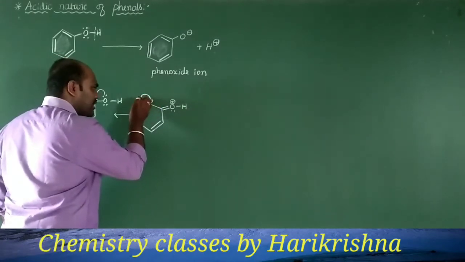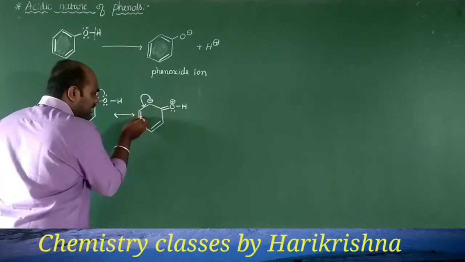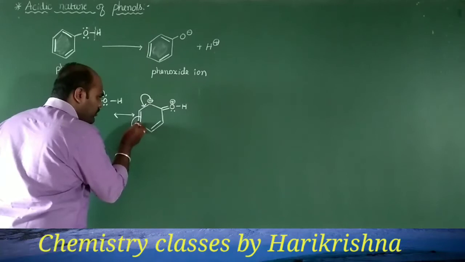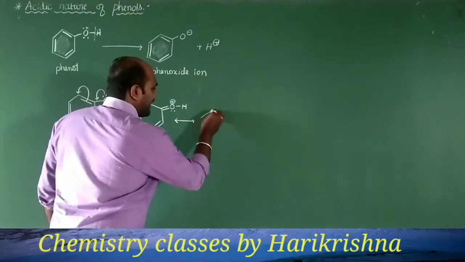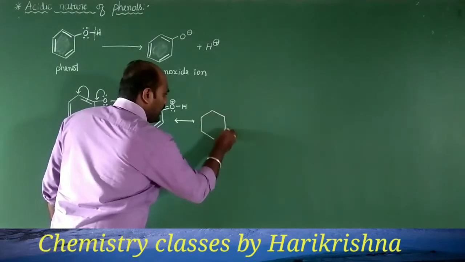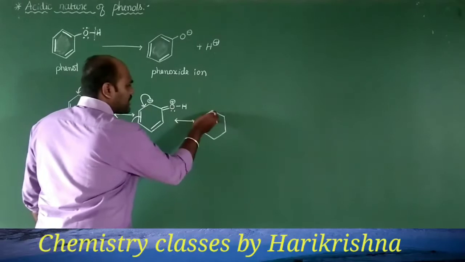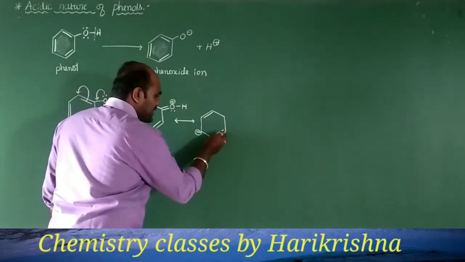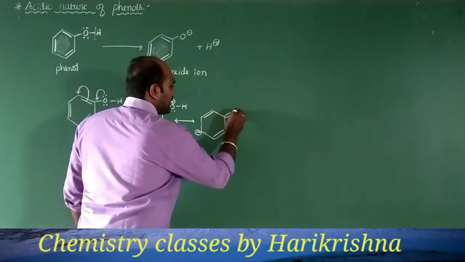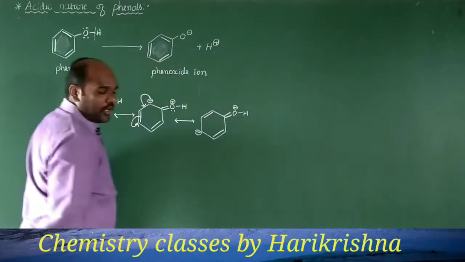This negative charge will get redistributed between these 2 carbon atoms, and this pi electron density will shift to the adjacent carbon atom, creating one more canonical form. And in this, the negative charge will develop over here, and because of distribution of the negative charge, there develops a new pi bond, and this pi bond remains as it is, double bond to OH with a positive charge on oxygen.